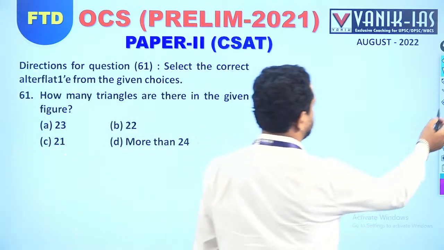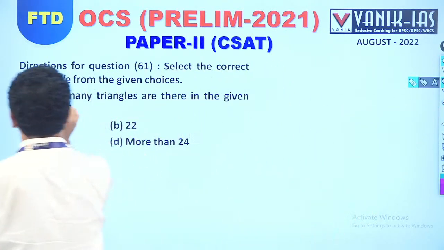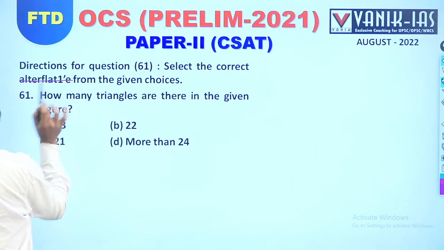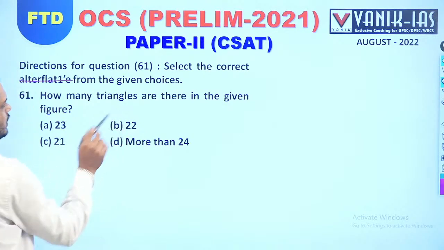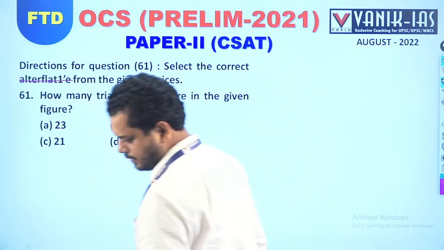And the figure was, first of all, choose the correct alternative from the given choices. How many triangles are there in the given figure? This is given in the figure.